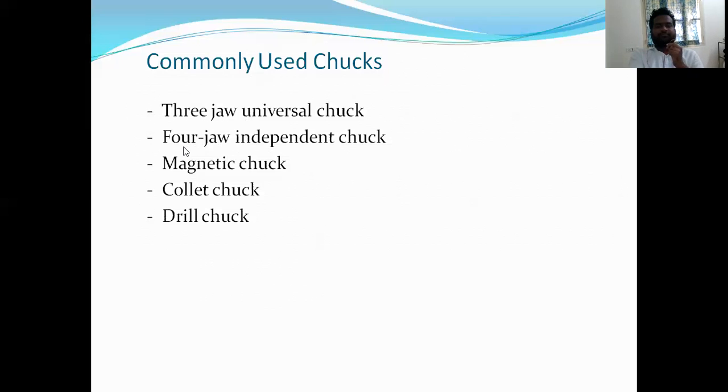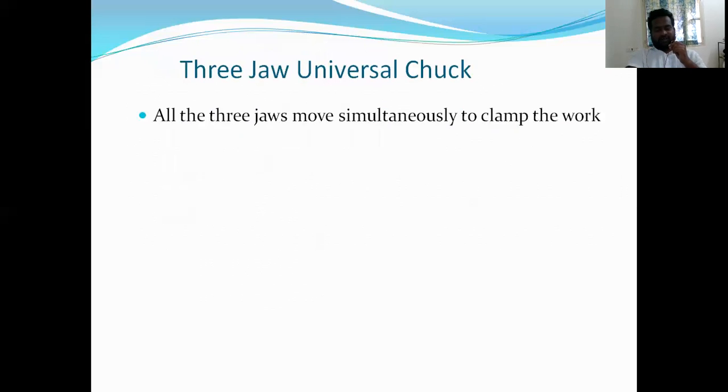But in the 4-jaw independent chuck, the 4 jaws are moved independently in and out. For each jaw we need one keyway, so that's why it is called a 4-jaw independent chuck.